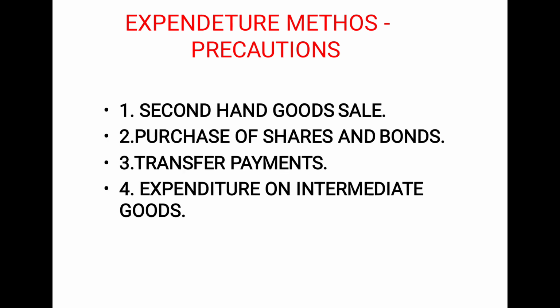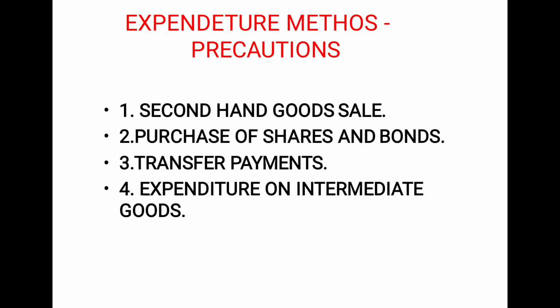Next one, just to put it into a short note for you. Expenditure method has some precautions. We previously saw the precautions in detail, but just to summarize: second-hand goods sales should not be included. Purchase of old shares and bonds should not be included.